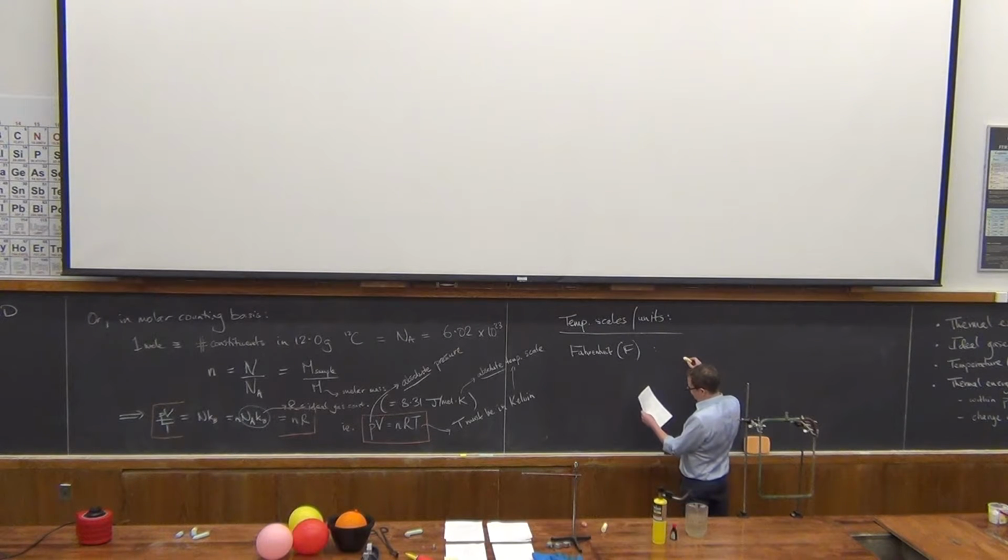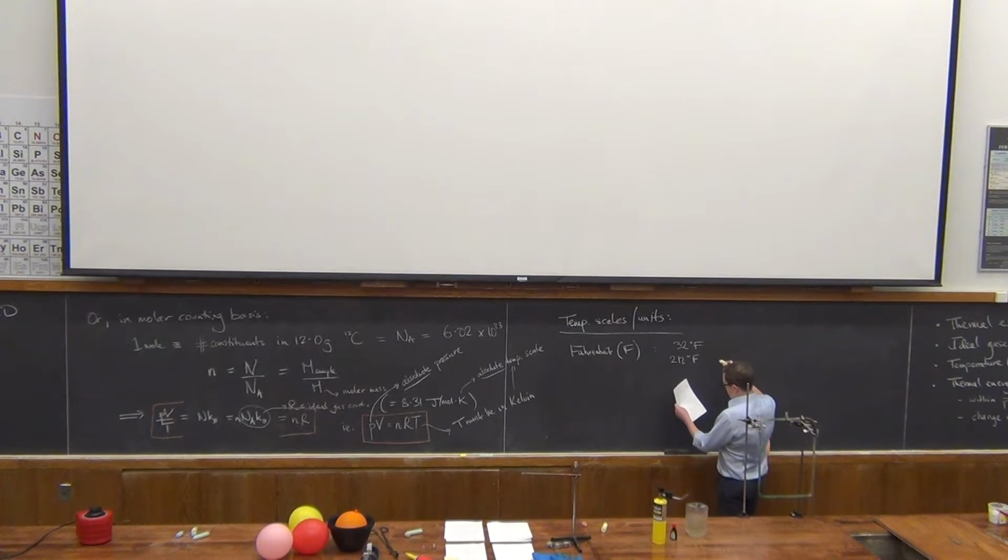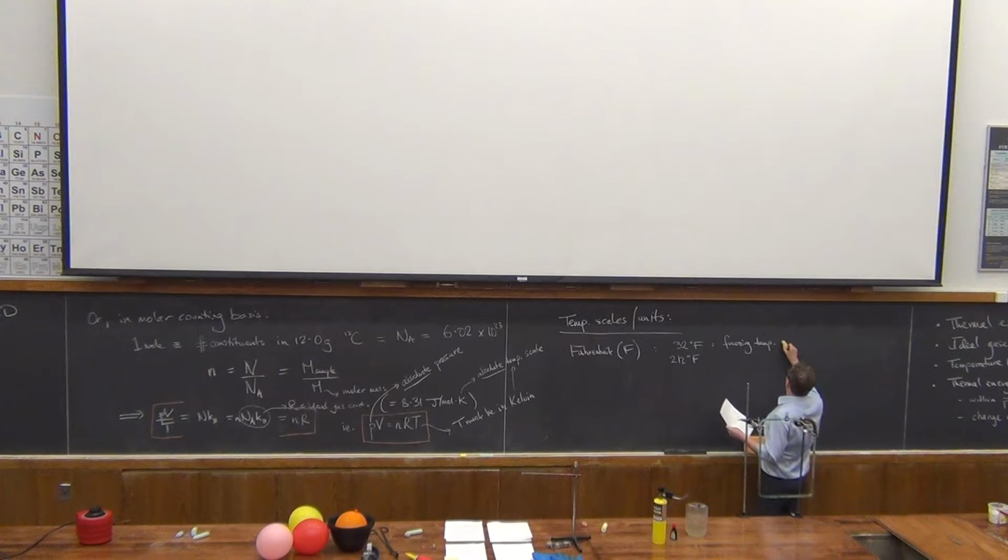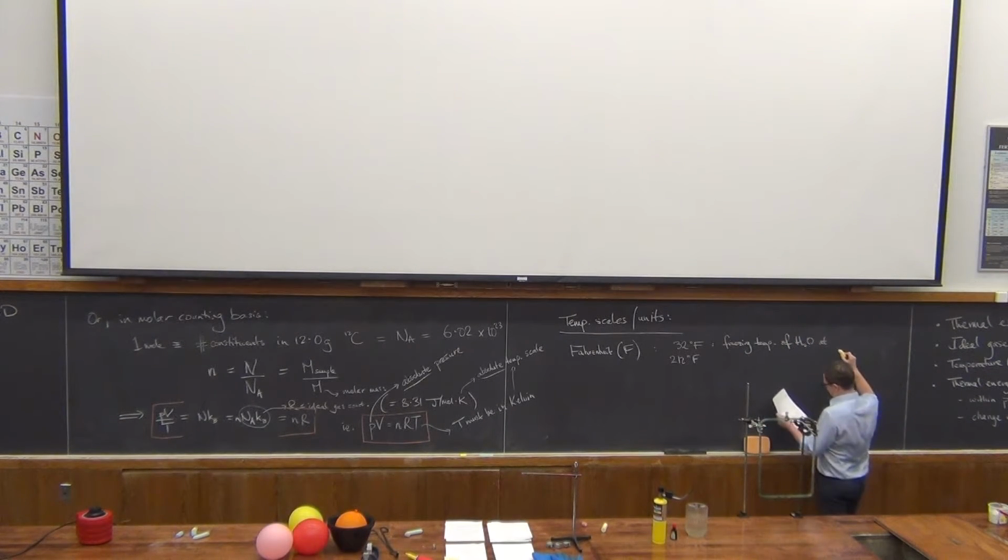But the definition is, I believe, roughly as follows. 32 degrees Fahrenheit and then 212 degrees Fahrenheit. 32 is defined as the freezing temperature of pure water at standard atmospheric pressure.